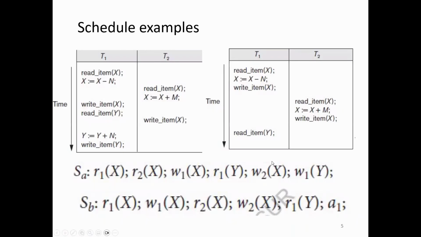Let's see an example of a schedule. This is the schedule example. In the first diagram, you can see there are two transactions called T1 and T2. So there are two transactions in this schedule.